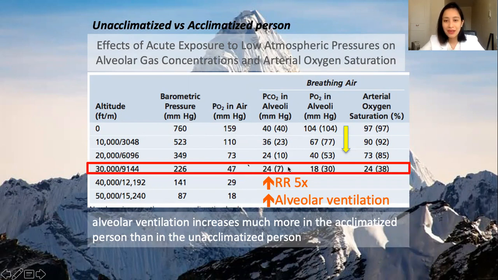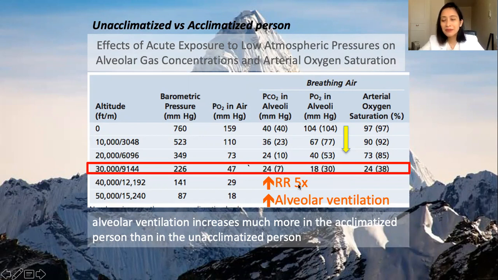When you go high up, the carbon dioxide also decreases because of the decrease in barometric pressure. The combination of the PCO2 in the alveoli and the reduction in the PO2 in the air results in a reduction in the partial pressure of oxygen in the alveoli that is available for transport by the blood to the tissues.